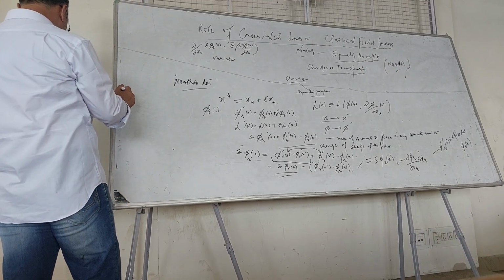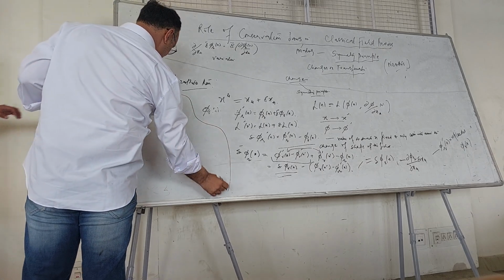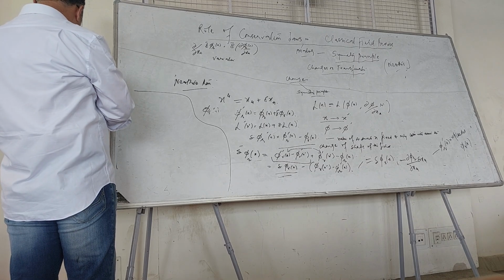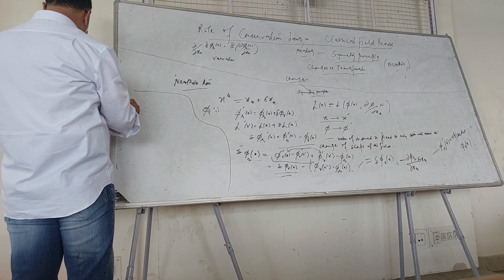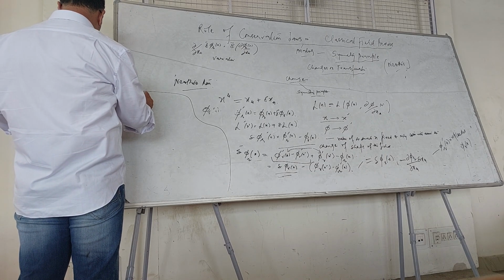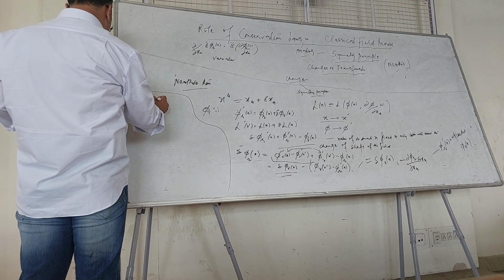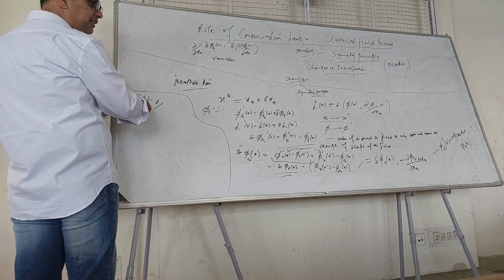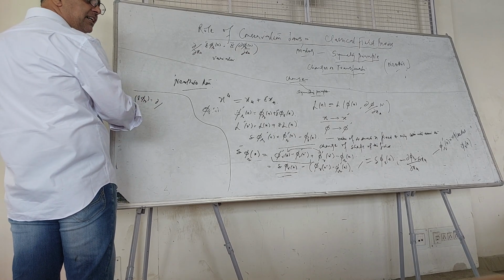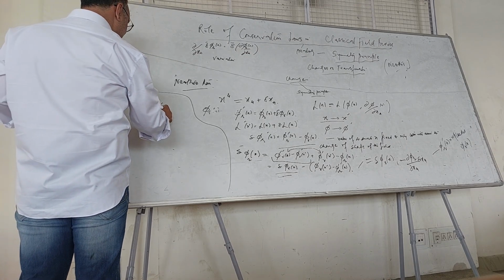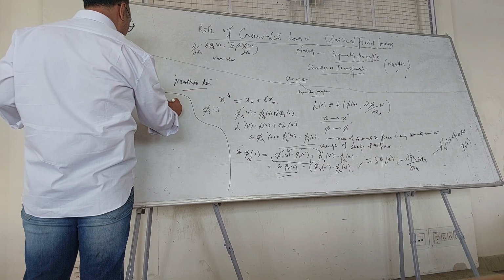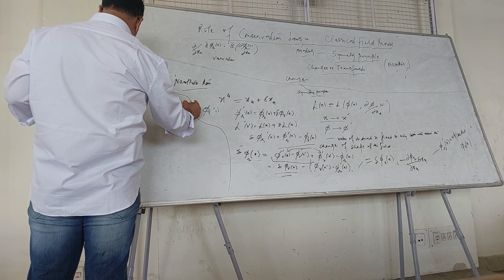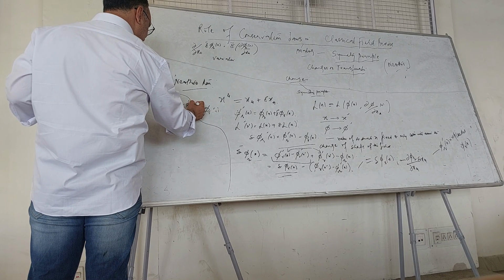So this property can be seen like this. For example, if I make one thing, d by dx mu of delta phi r can be written as, if we take the gradient of this function, you can say d by dx mu phi of r prime x prime minus d by dx mu phi of r x.